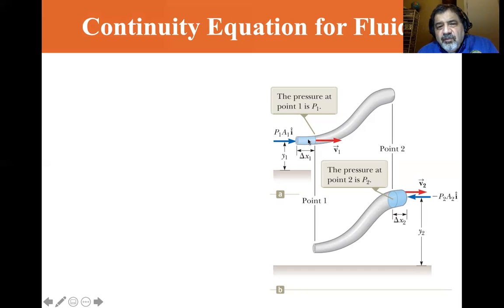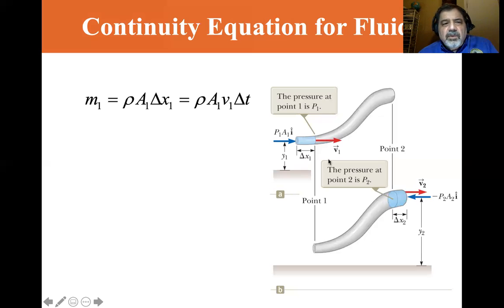And we'll see that this volume here is the same as this volume here. The pressure at point two is P2, and there's a velocity there, and the pressure here, P2A2, is negative because it's in the opposite direction of the initial.